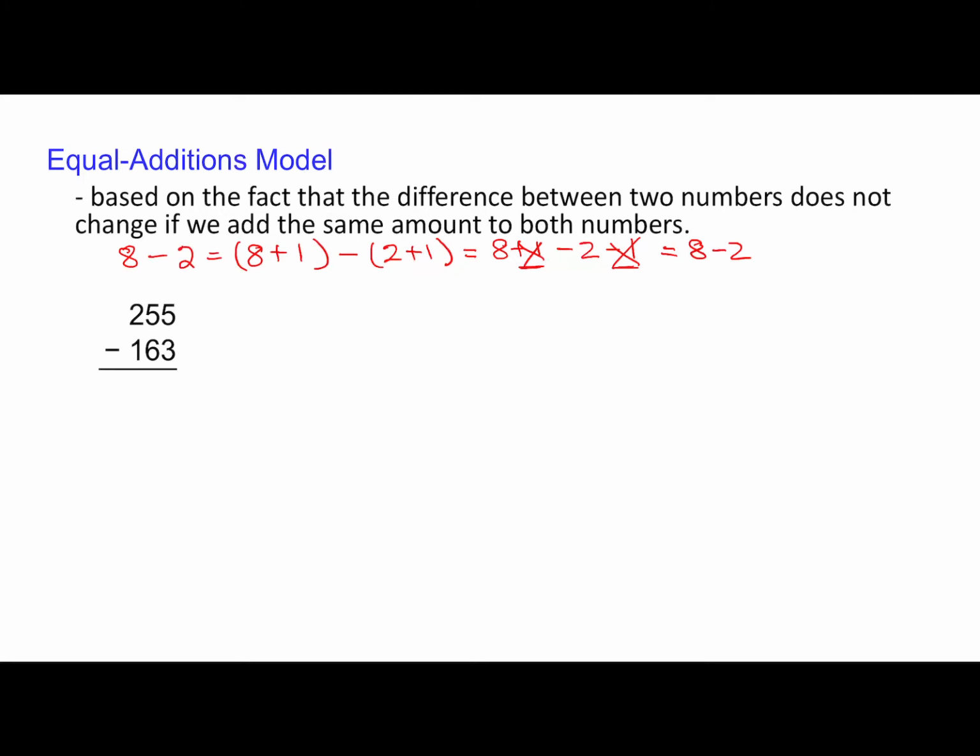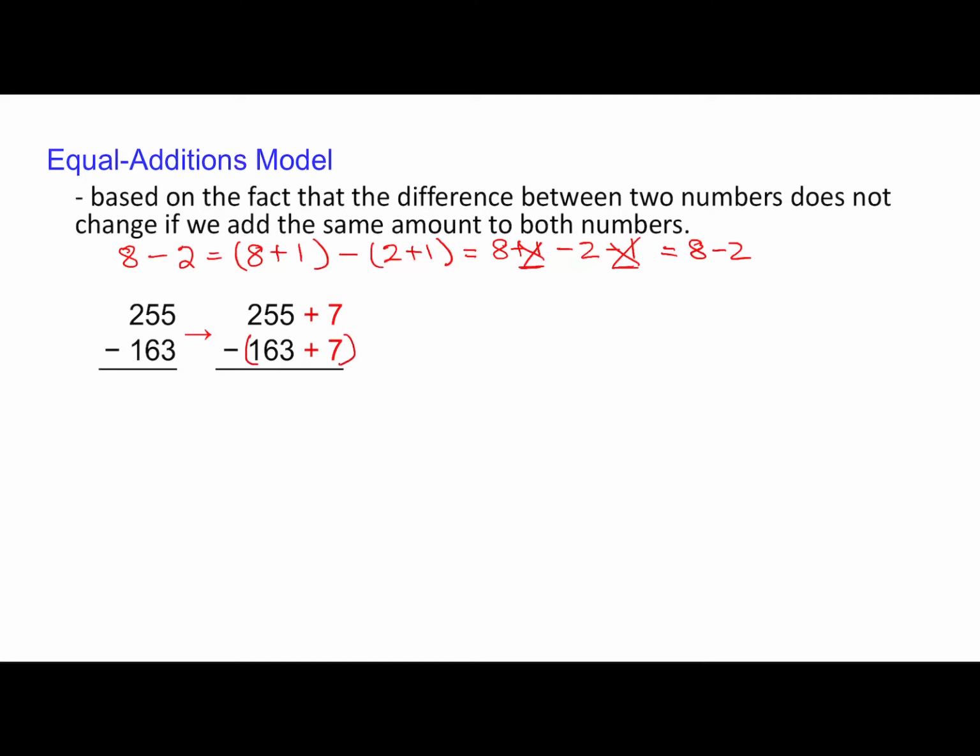The idea here is that I want to add something to the number that I'm subtracting to make it a little easier to perform the subtraction problem. So I want to add something that is going to turn that last digit and maybe the tens digit into a 0. Okay, so in this case, I'm going to add 7 to both the top and the bottom numbers.